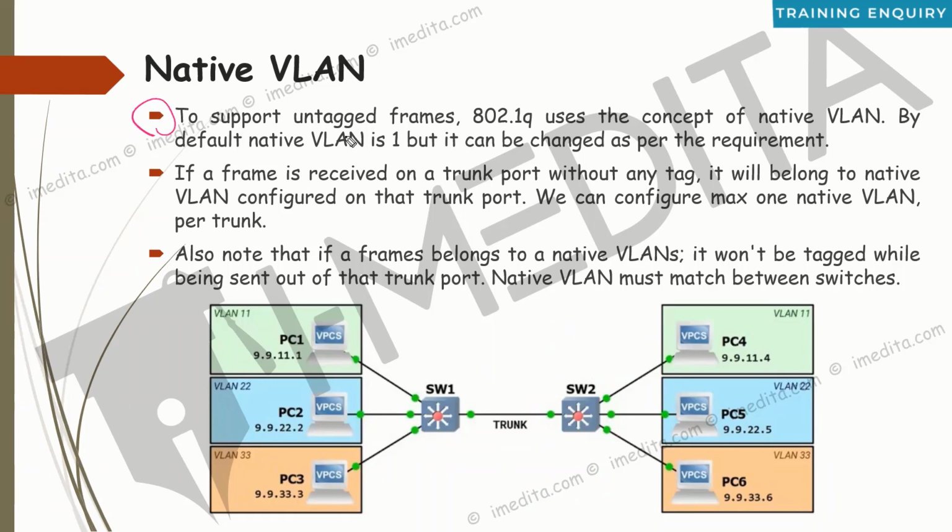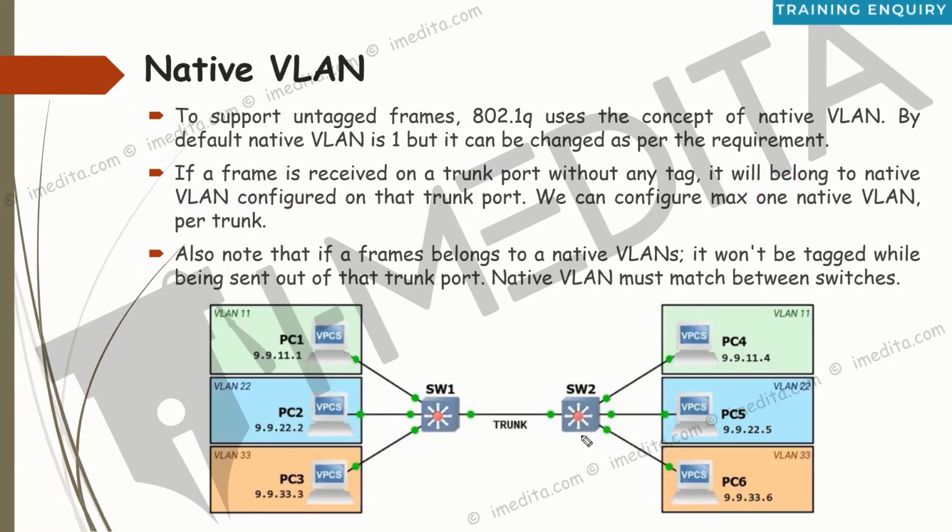So to support the untagged frame, .1q uses the concept of the native VLAN. Default native VLAN is 1, but it can be changed as per the requirement. So if a frame is received on the trunk port and the frame is not having any tag, it will belong to the native VLAN configured onto that trunk port. And we can configure a maximum of 1 VLAN as the native VLAN per trunk.